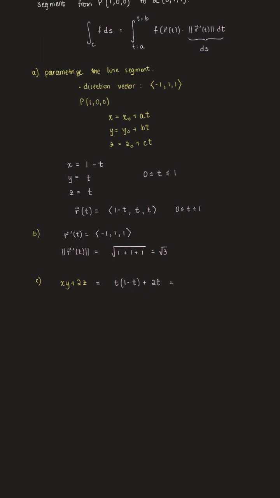And so here we have t minus t squared plus 2t, or 3t minus t squared. And now we're ready to evaluate the integral.